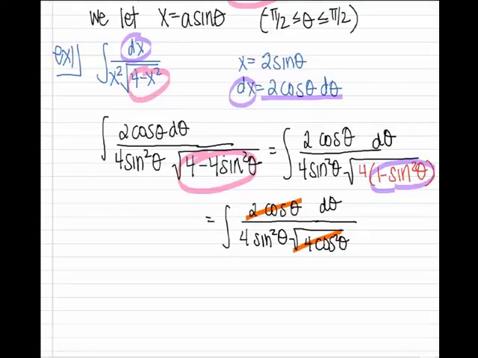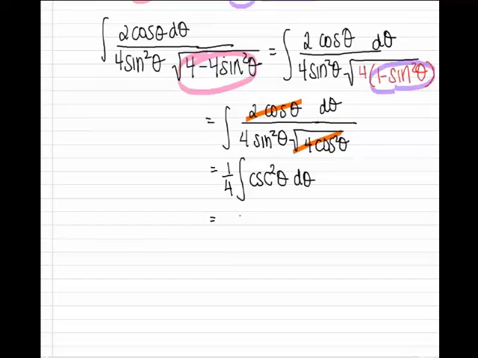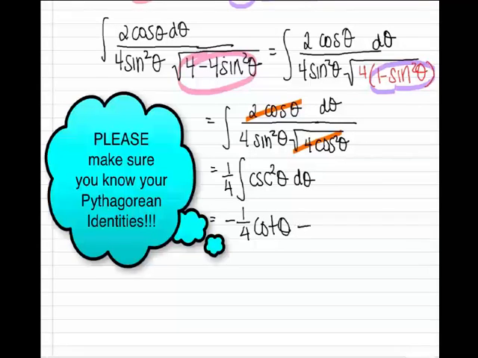So now all we have left is really a 1/4 sine squared on the bottom, which is a cosecant squared theta. And do you guys know how to integrate a cosecant squared theta? That's going to be what? Negative cotangent theta plus c.